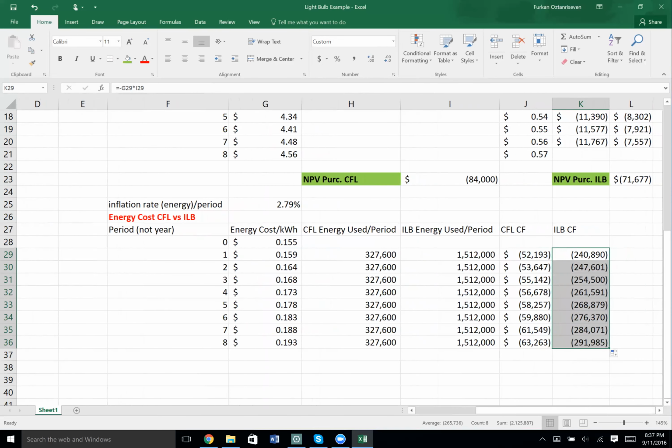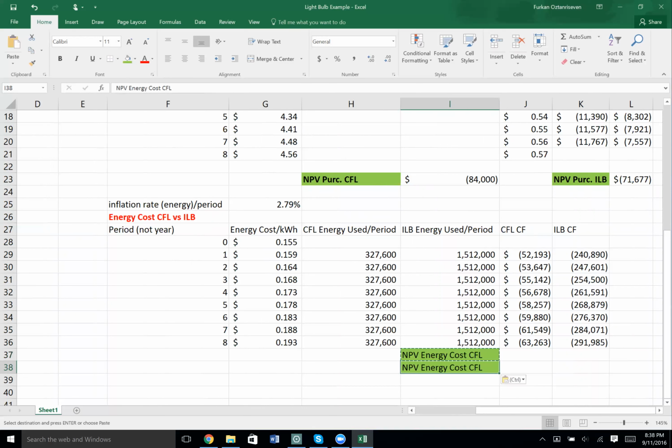So I need to find net present value. So NPV, energy cost for CFL. I will make this one green because this is one of the model outputs.